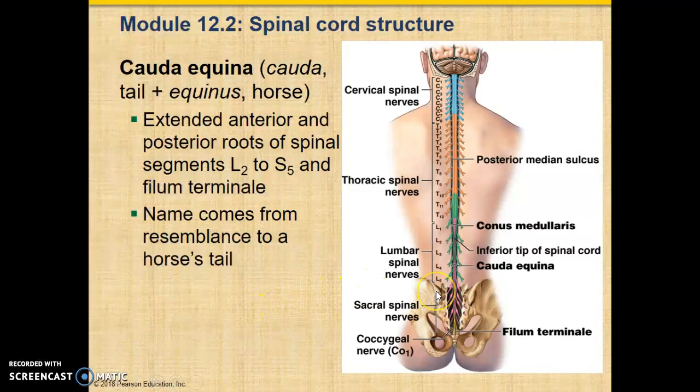The cauda equina is called this because it resembles a horse's tail, but the anterior and posterior roots of the spinal segments are extended. So this consists of the anterior and posterior roots of the spinal segments L2 to S5 and the filum terminale.